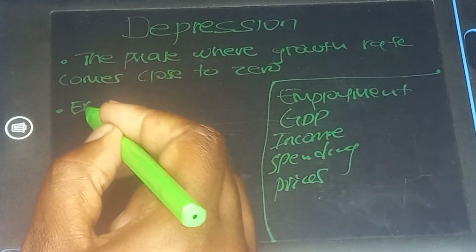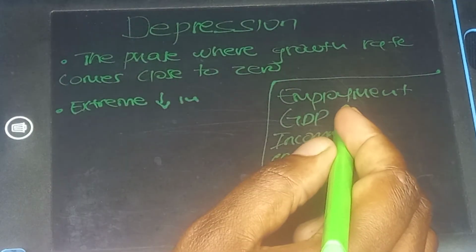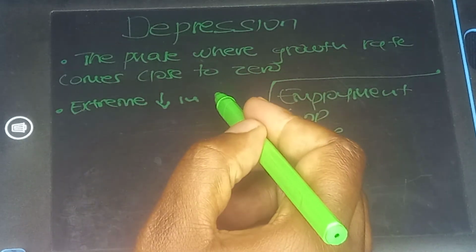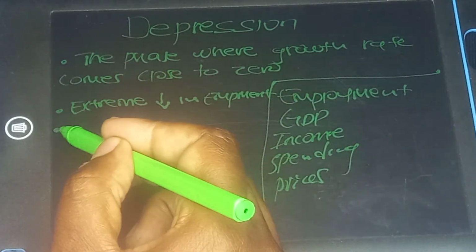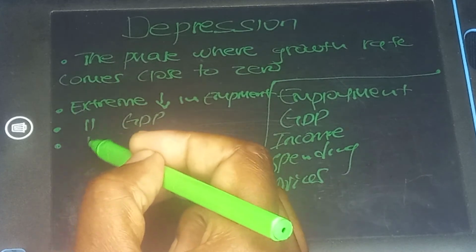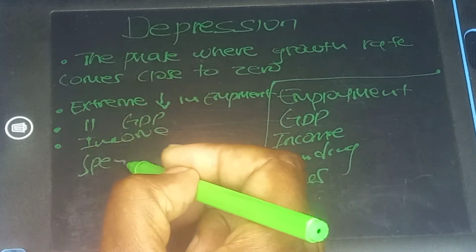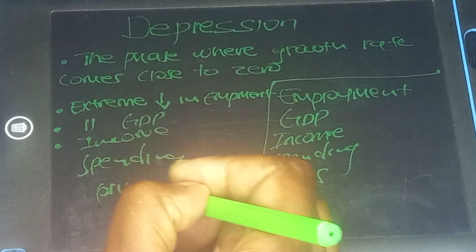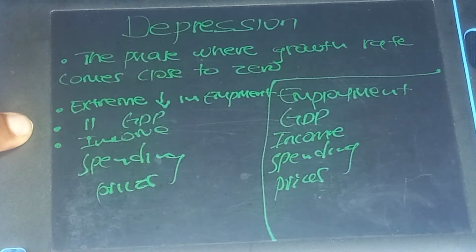So we are going to say extreme decrease in, we mentioned the economic activity, employment in this case, extreme decrease in GDP, decrease in income, spending, and prices.